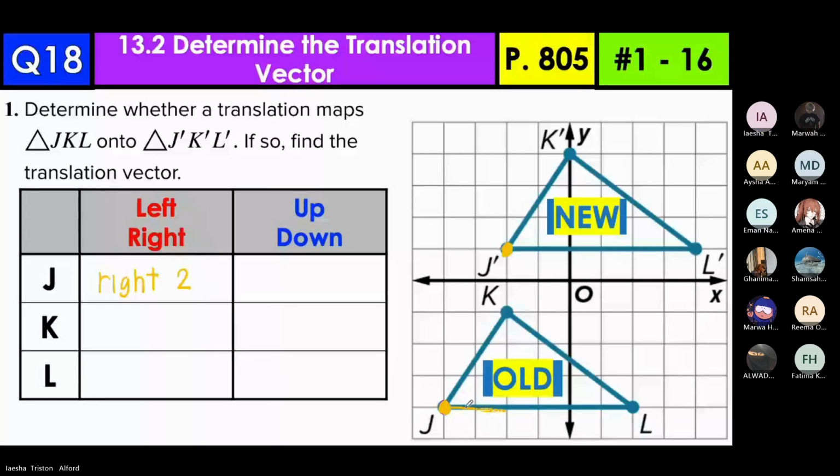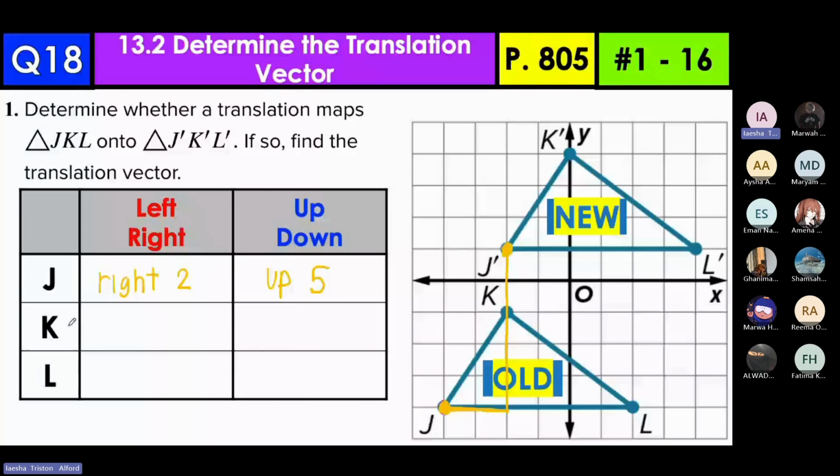Then what? Up 5. 1, 2, 3, 4, 5. So up 5. The table is going to help you. That's why I put it on the screen first. I'm giving you strategies to help you bring the answer in the exam, okay?